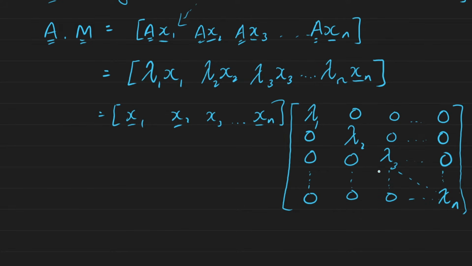We can see that if we multiply this matrix by this matrix, then essentially we'll be multiplying each term of this column by the various eigenvalues in this matrix that we have just created.